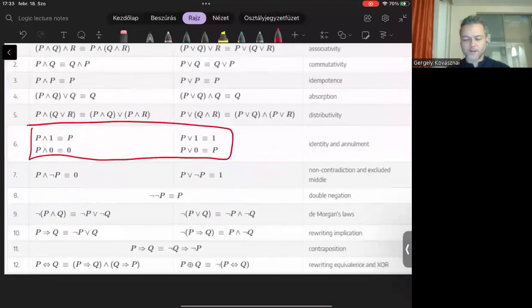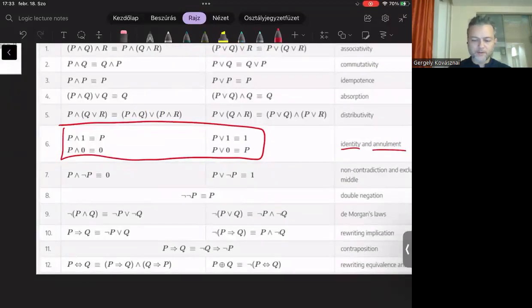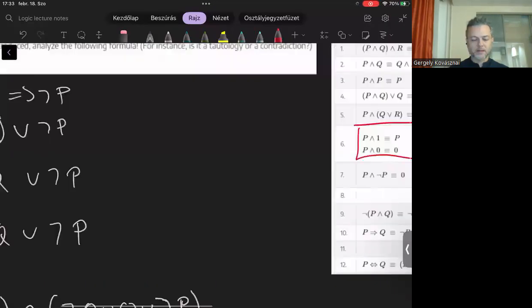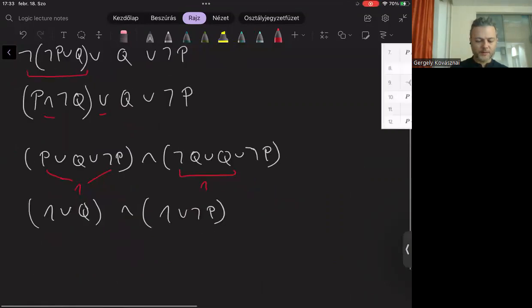Those are called the laws of identity and annulment. Anyway, now we are facing this situation. In our formula, 1 is connected with something with disjunction between. So this means we can just simplify out the other guy. So we can just simplify out those guys.